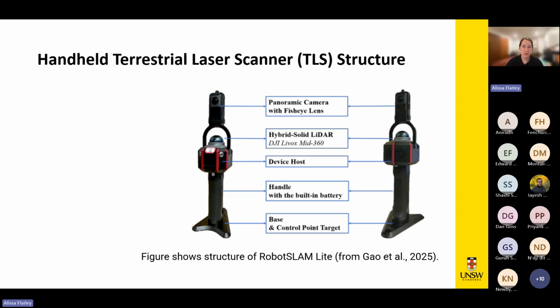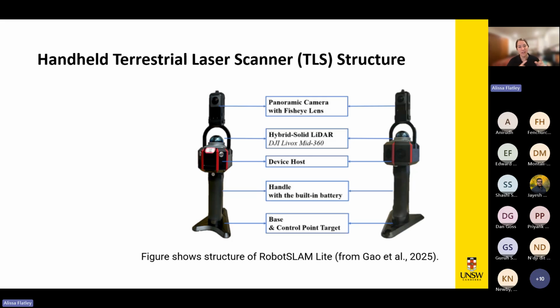So I'll talk about the camera aspect. It's not just to film your scan to show everyone how cool you are, how much you look like Spock. It's actually in part to colorize the point cloud. The device there, the DJI Livox Mid 360, will provide your point cloud, but it won't necessarily provide the color return for that scan.